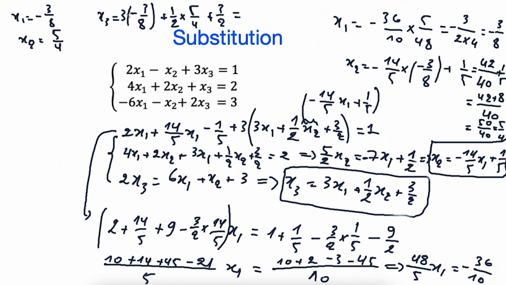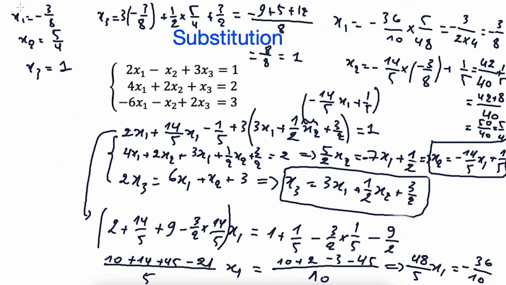This equals minus 9 plus 5 plus 12 over 8, which is 8 over 8, which equals 1. That means x3 equals 1.